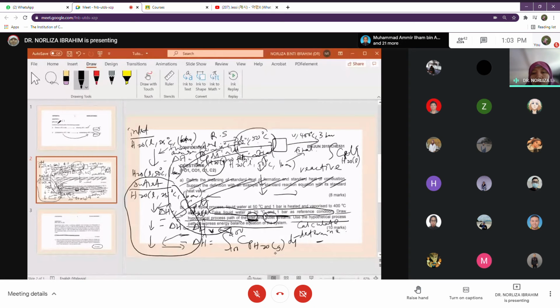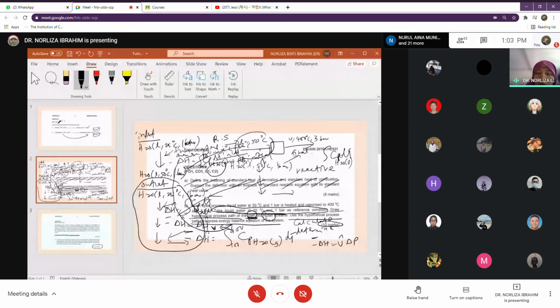If you want to add more, because I am also not sure whether this is the correct answer for use the hypothetical process path to express the energy balance equation.